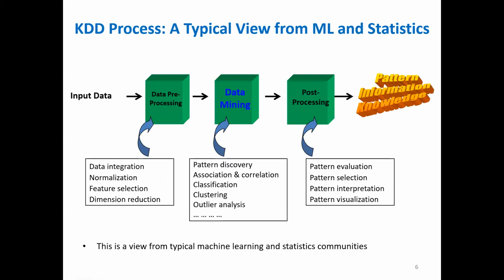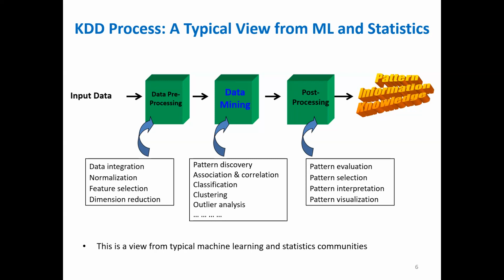Now, what is basically the KDD process in terms of machine learning and statistics? Basically, in all data mining techniques or algorithms, we are mostly using some statistical methods to build data mining algorithms.